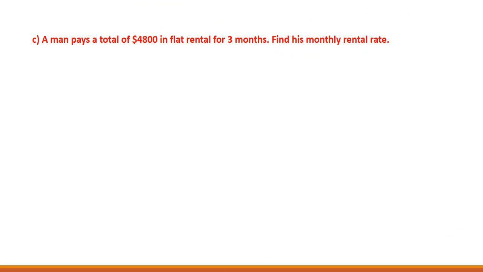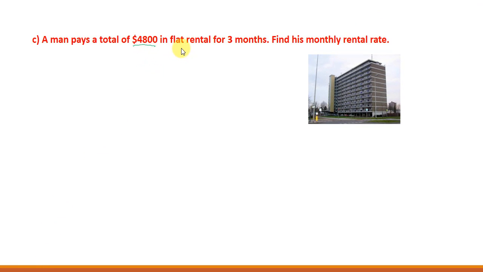Now the part C. A man pays a total of $4,800 in flat rental for 3 months. Find his monthly rental rate. So we have to find the monthly rental rate.